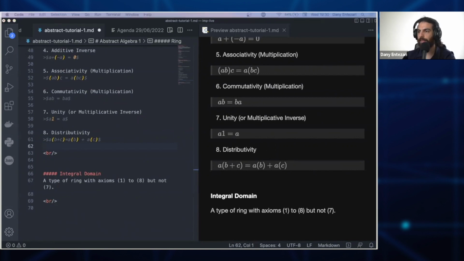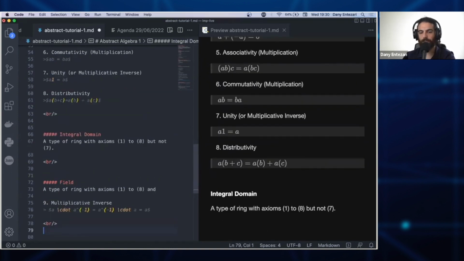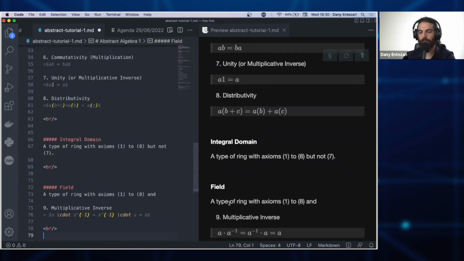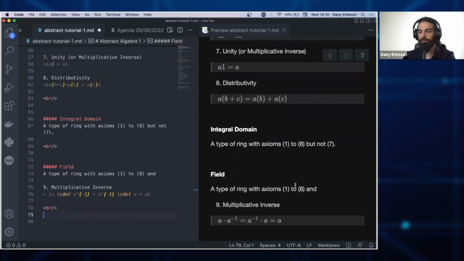Then there is the field. This is the word we encountered when we were talking about linear algebra. So a field is a type of ring with axioms 1 to 8, plus a 9th axiom, the multiplicative inverse. That's what a field is.